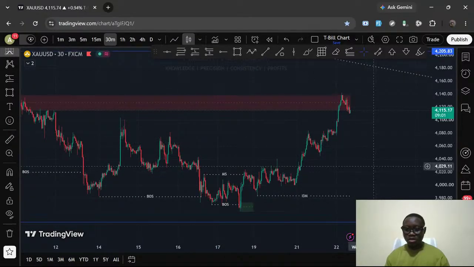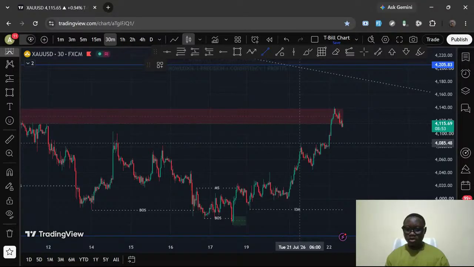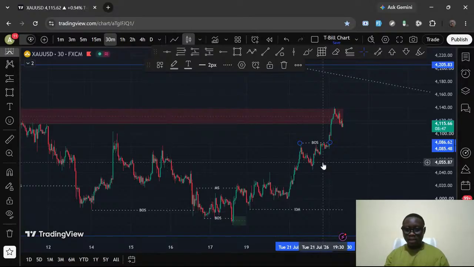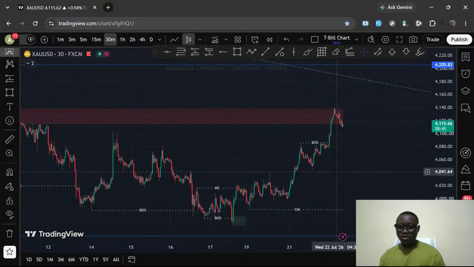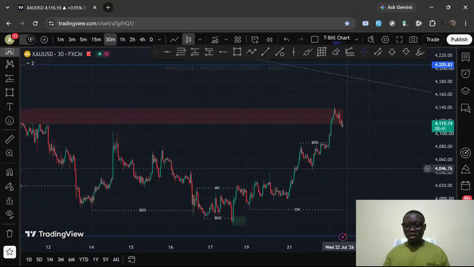Let's look at the most recent structure, price action. We got this break of structure to the upside, BOS. My focus here is I'm only interested in taking a sell. At this zone, we got this break of structure.